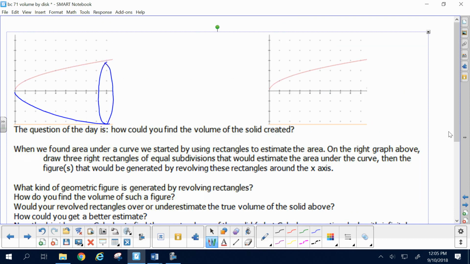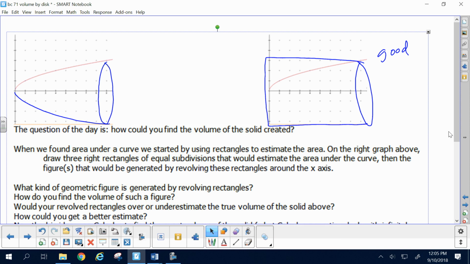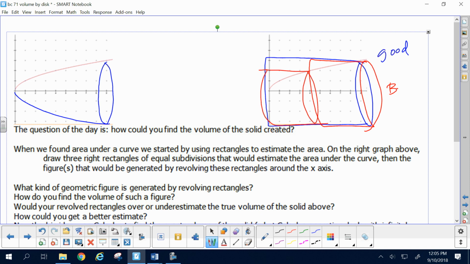So the radius is going to be the same. You want the radius squared times height?